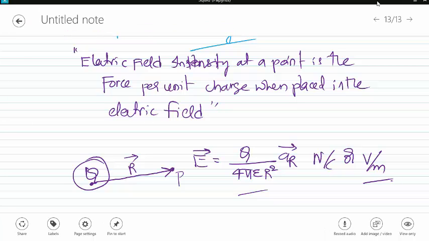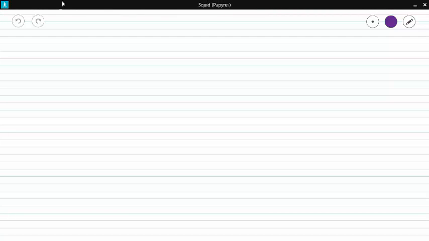Now, till now we talked about point charges, which occupy a very negligibly small physical area. But charge may be distributed over a line or a surface or a curve. These are called different charge distributions.